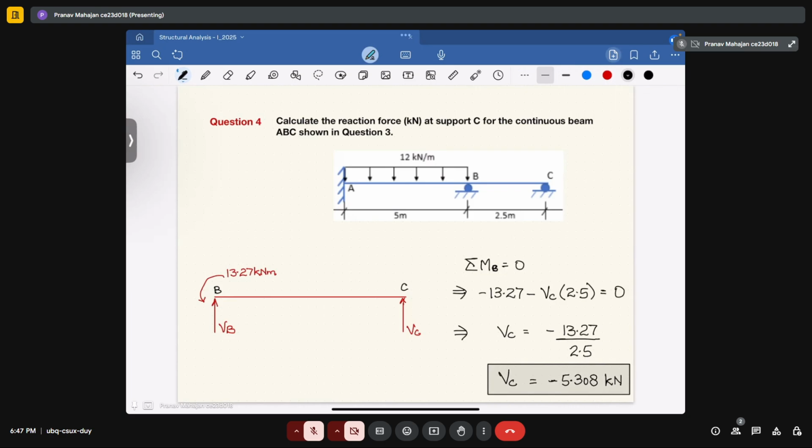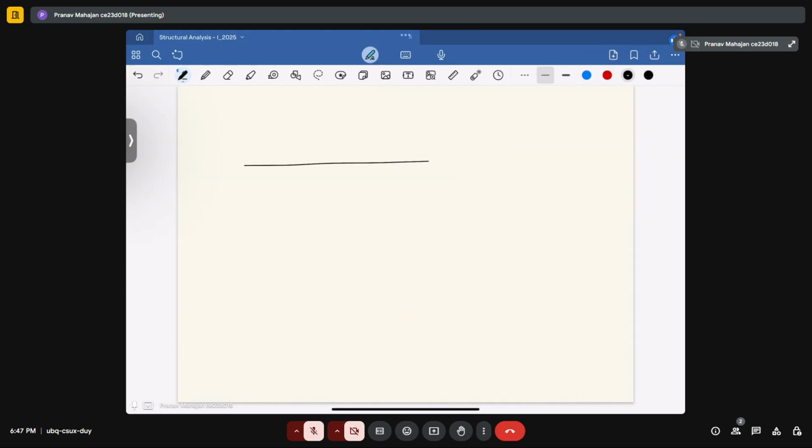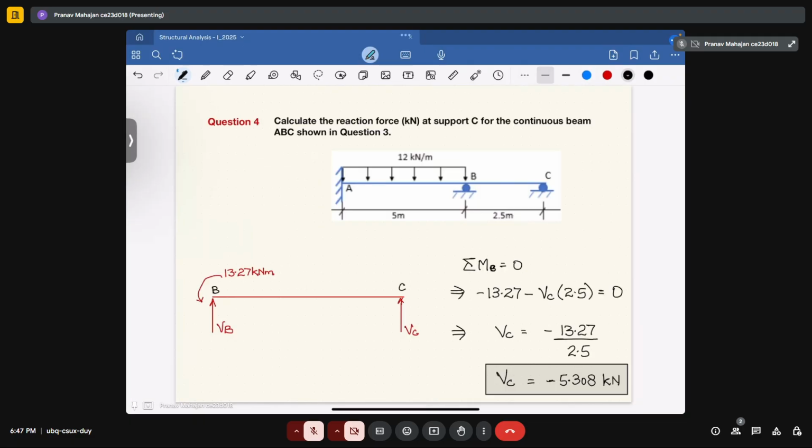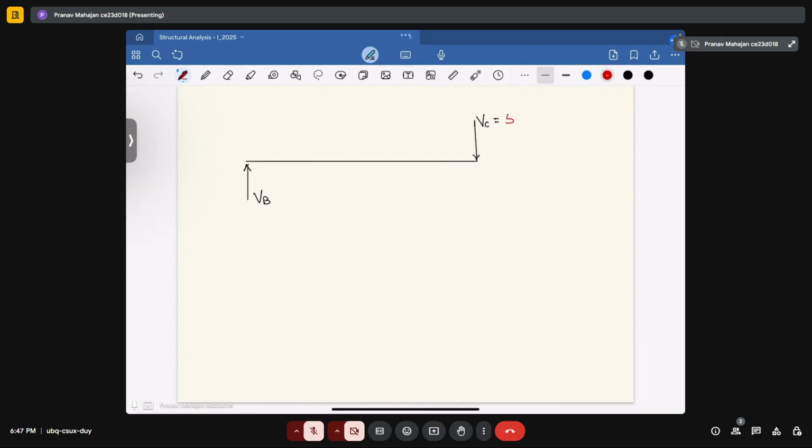So if we draw the free body diagram for this case, it will become like this. You have this free end. In this, you have this reaction VB. Here also one reaction will come, that is VC, and it has the value 5.308 kilonewton. So if this is 5.308, that means here also the reaction will be 5.308 kilonewton.